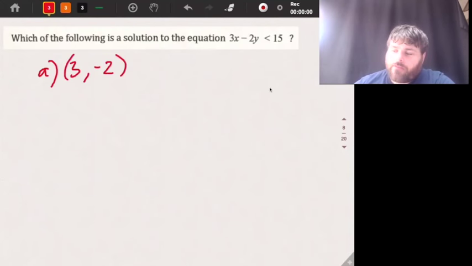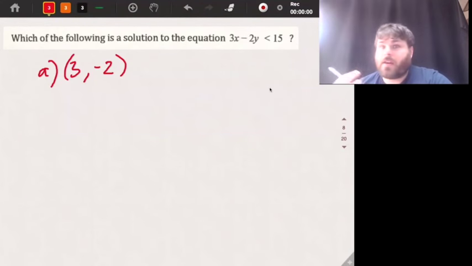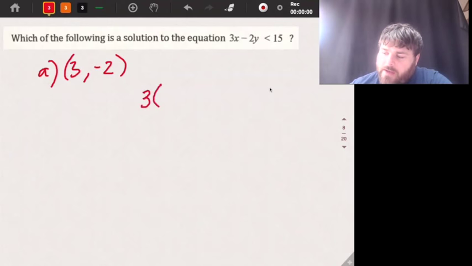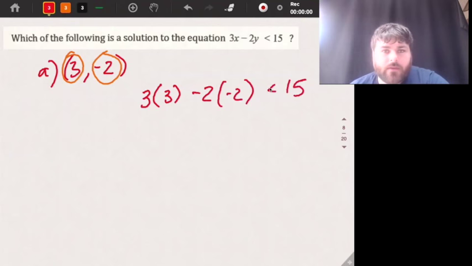When I plug in 3 for x and -2 for y, if it makes sense, it's going to be a solution. If it doesn't, it's not going to be a solution. All right, 3 times x, where x is 3, minus 2 times y. Y is -2. Is that less than 15? That's the question, okay? Go ahead and simplify here.